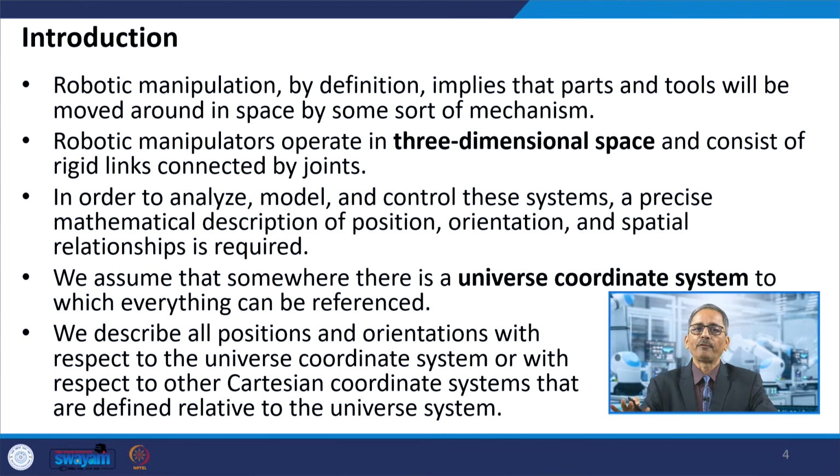We describe all position and orientation with respect to a universal coordinate system, or if we are defining it with respect to some other coordinate system, then naturally that coordinate system has to be defined with respect to some other universal coordinate system.